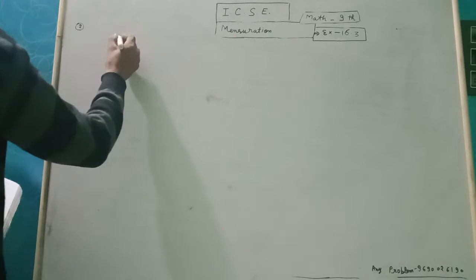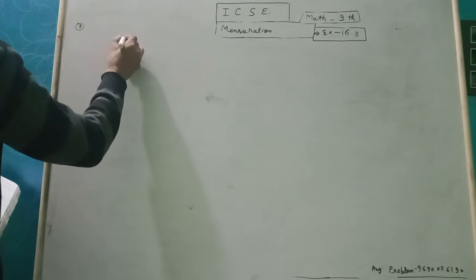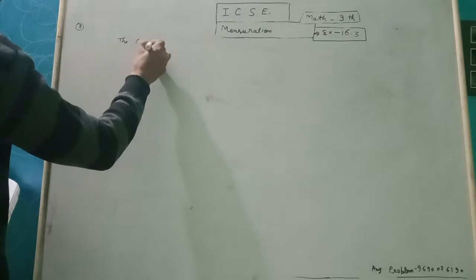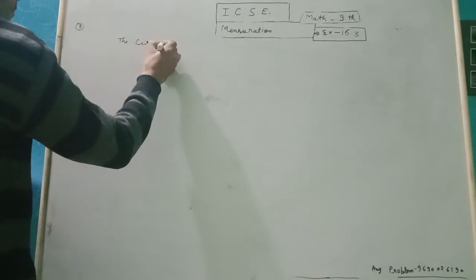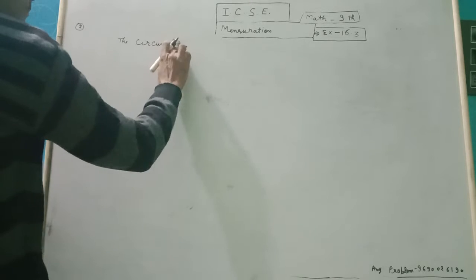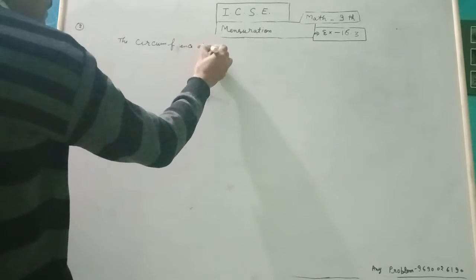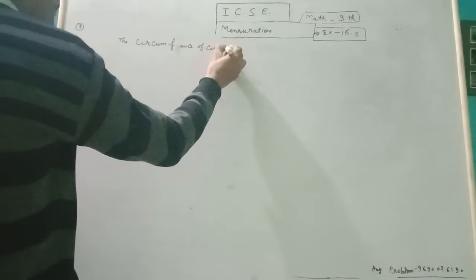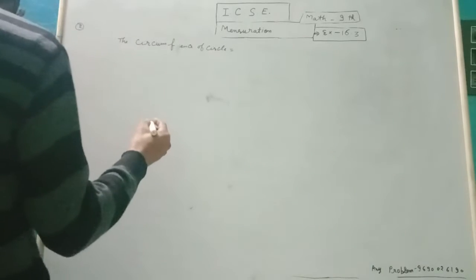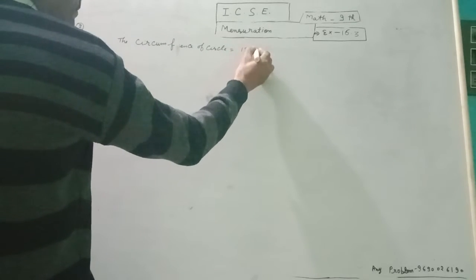In the question, the circumference of the circle is equal to 18 pi cm.